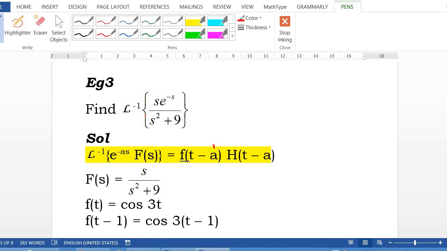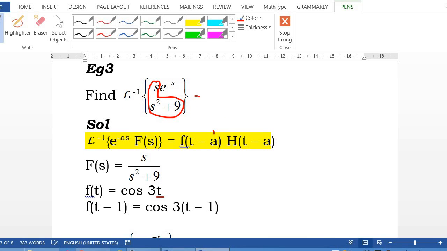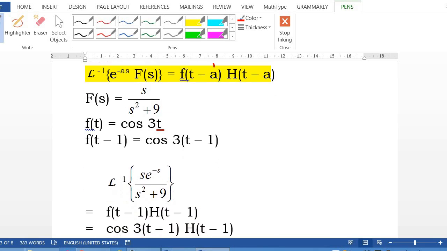F(s) is s/(s² + 9). Taking the inverse Laplace of F(s), you get cos 3t. So f(t − 1) means t changes to (t − 1). That's why the result for the inverse Laplace of this will be cos 3(t − 1) multiplied by H(t − 1).